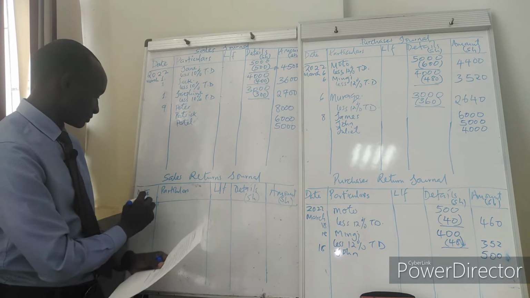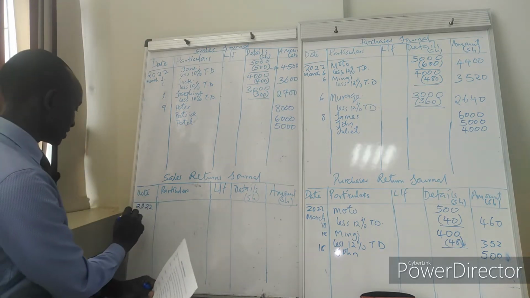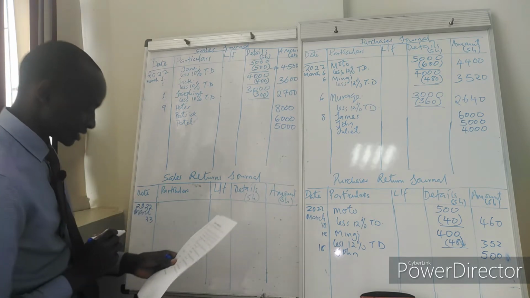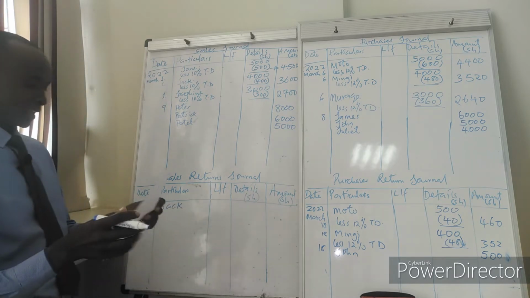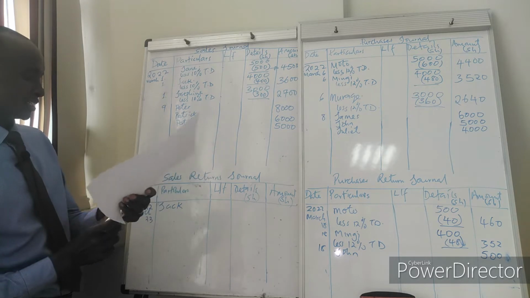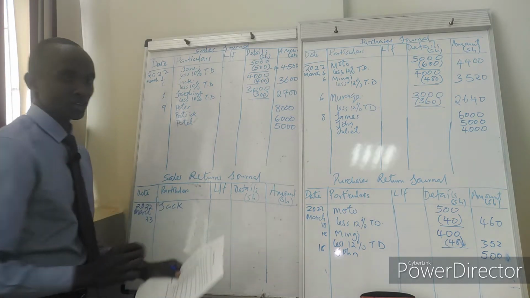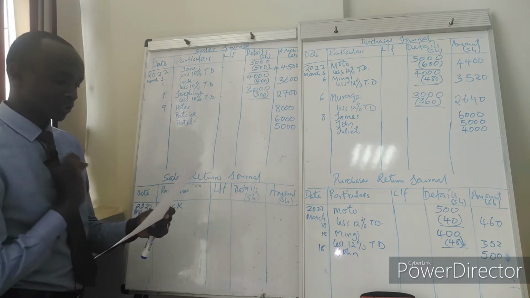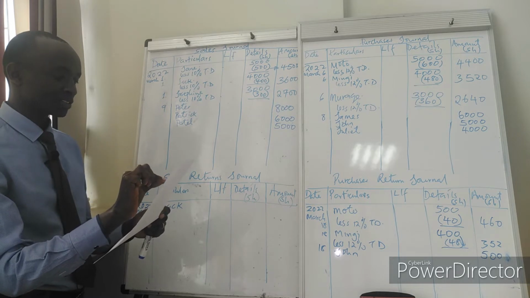So let's move on to the first person, known as Jack. Jack, so that is March 23rd. We have Jack returning goods worth 400. But before you decide on whether to write the 400 on the details or amount column, you ask yourself, did Mike Mickey allow discount to Jack? Move to where Jack was sold goods by Mike Mickey. That was March 1st.